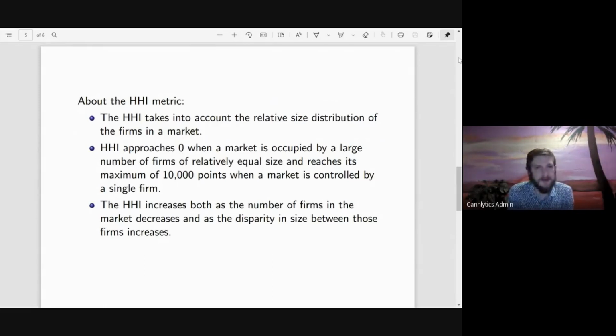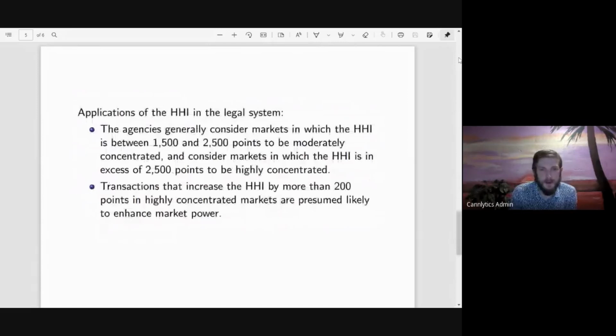Why does that matter? Well, the HHI is often used in legal cases to take into consideration if certain policies increase or decrease market concentration. For example, HHIs between 1,500 and 2,500 are considered concentrated. Anything above 2,500, as we saw earlier with the two firms, would be considered highly concentrated.